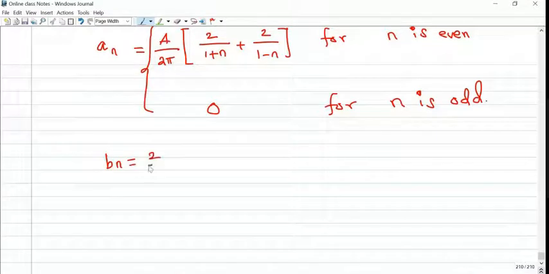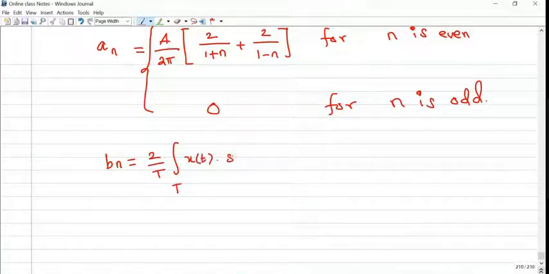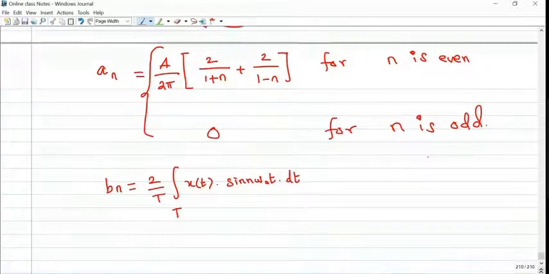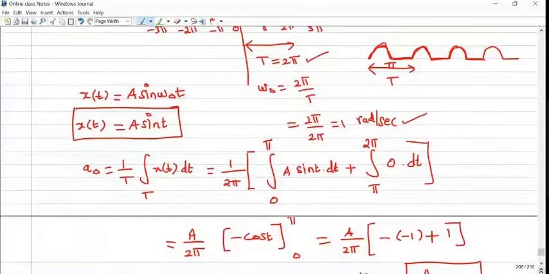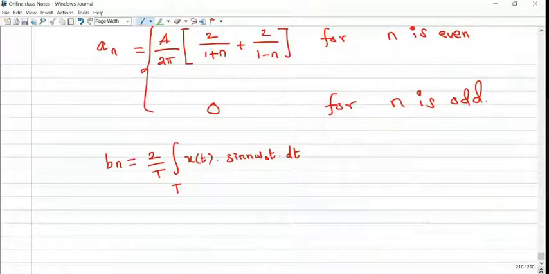Bn is equal to, by the general formula, 2 divided by the fundamental time period, integration over the time period, x of t sin n omega naught t dt. So this is the general formula. In this example, what is the omega naught value? Omega naught value is 1. So the total time period is 2 pi.